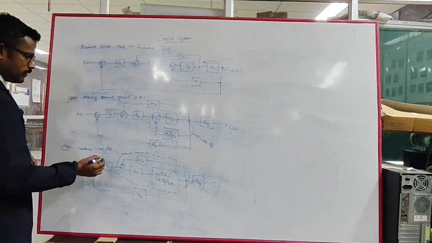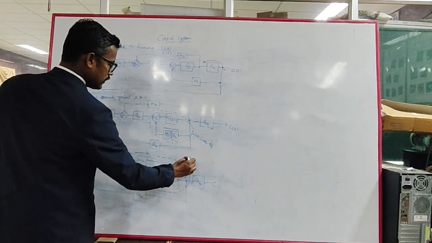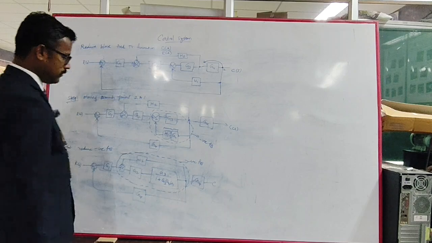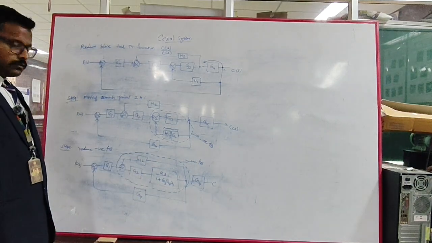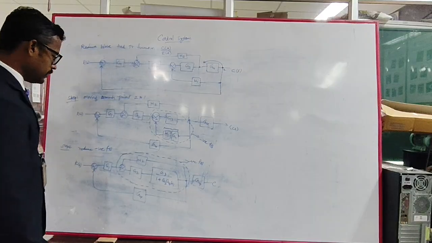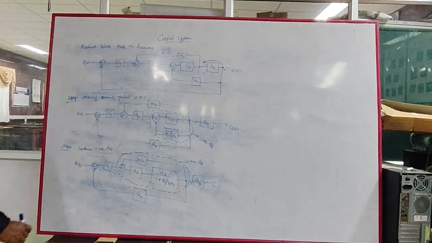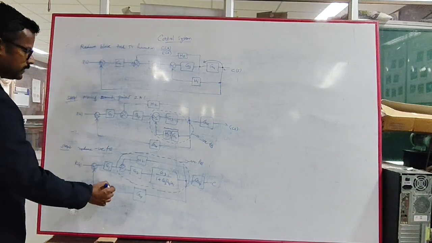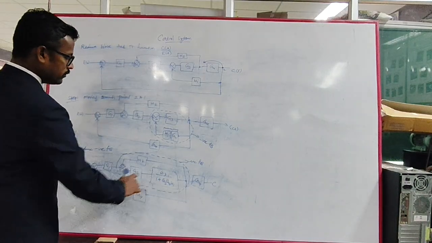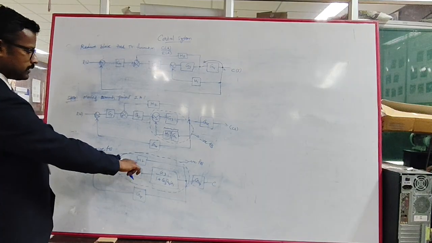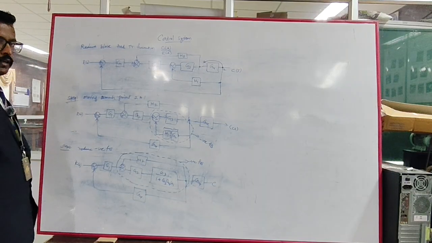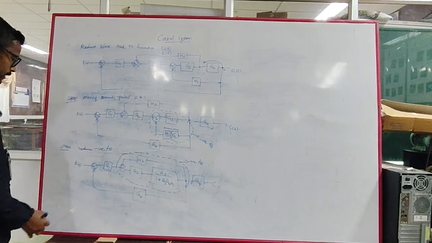So this is a forward path gain, this is a feedback path gain. Okay, now we can reduce it here. What you are getting is G2 into G3 divided by the whole thing and divided by 1 plus this whole thing into H2. Okay, I can write it here.